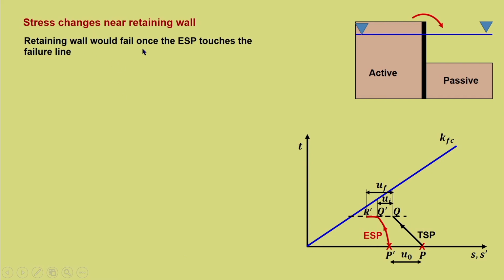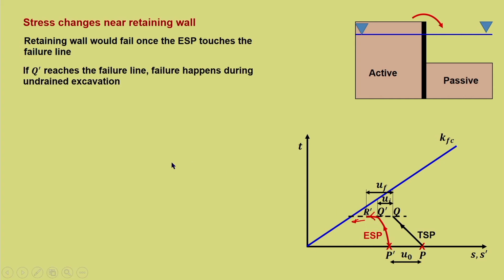Now, retaining wall, for this particular case of excavation, it would fail once the effective stress path touches the failure line. Now, this is moving in this direction, you can see that it moves up to here and q dash to r dash. Now, if r dash extends towards the failure line, then once it reaches the failure line it would fail.